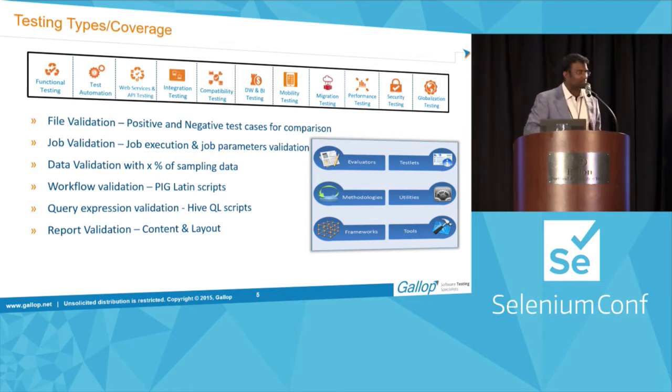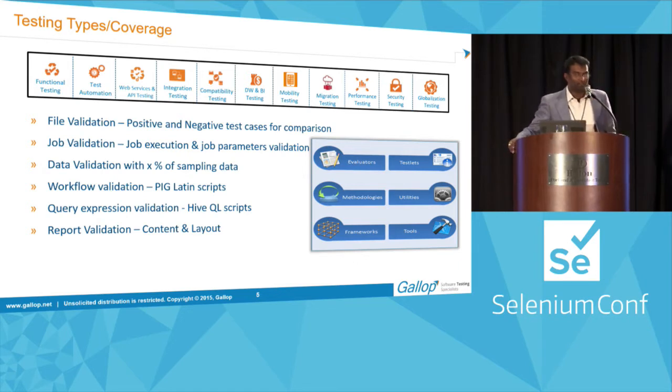And then data warehousing and business intelligence, then we have mobility testing, and then migration testing, where if the data is in some legacy system, how do we migrate that data to a more standardized system, and how we can make sure of the pre and post migration data validations and all that stuff.